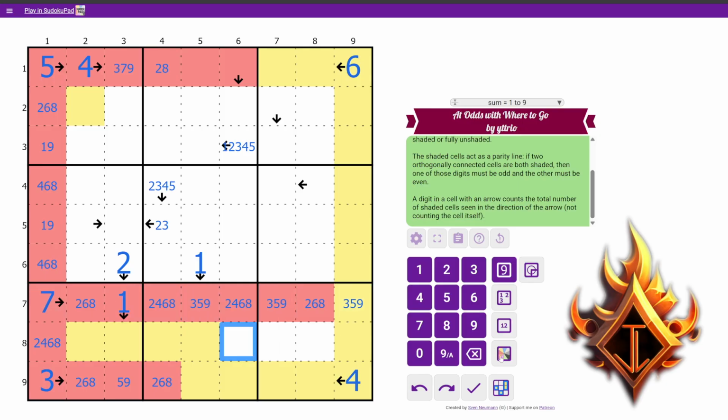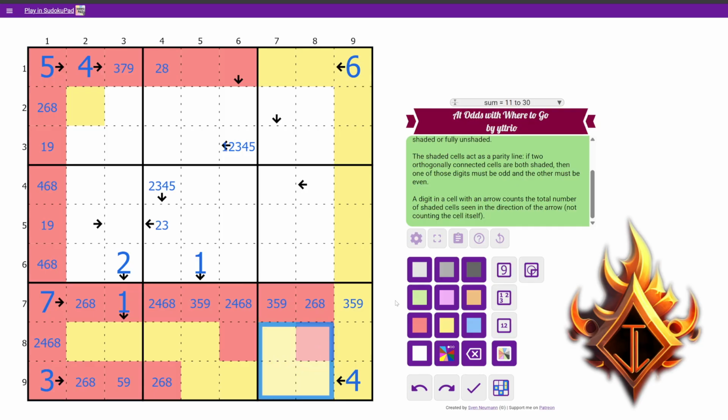This one has to be red to avoid 2 by 2, and that one back to yellow for same, and that one back to red for same. Just avoiding 2 by 2s there. This one is sitting right next to an odd, so it cannot be on the parity.